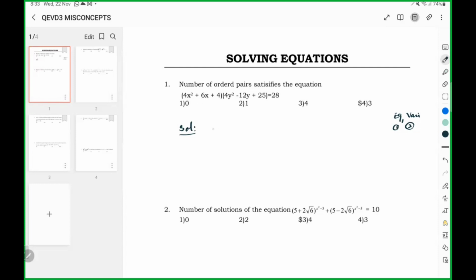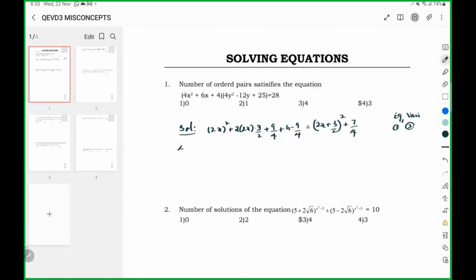Let us take the first expression: (2x) square plus 2 times 2x into 3 by 2, right? To get 6x, I added and subtracted 9 by 4, which can be written as (2x plus 3 by 2) whole square plus 7 by 4.